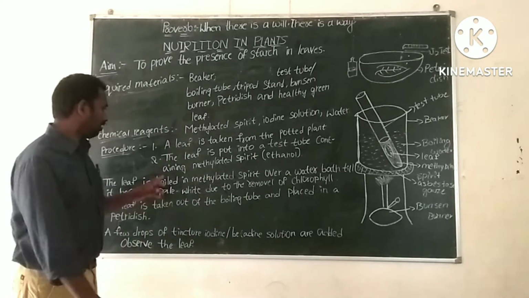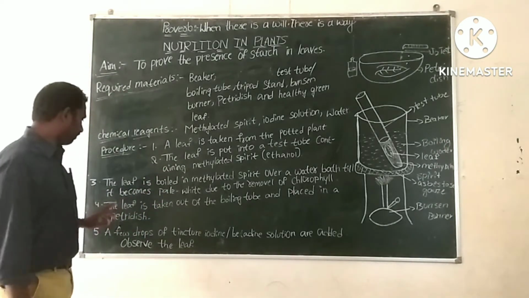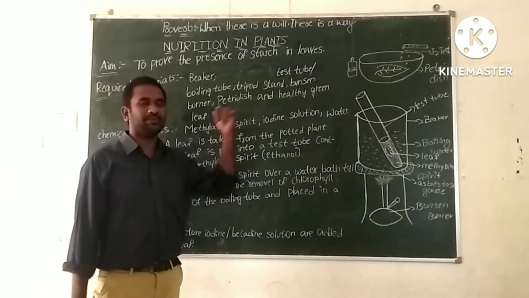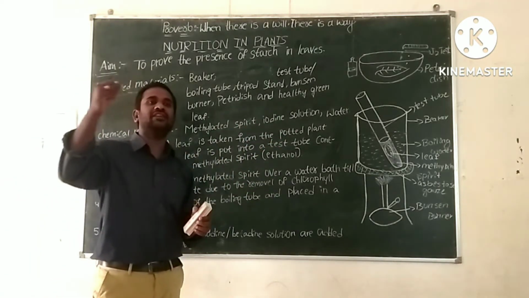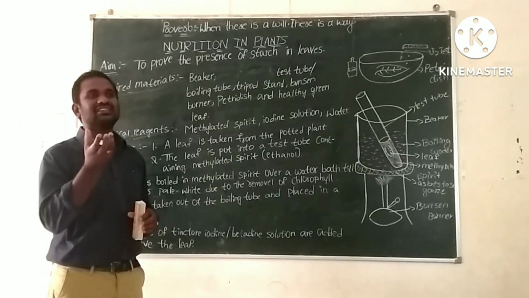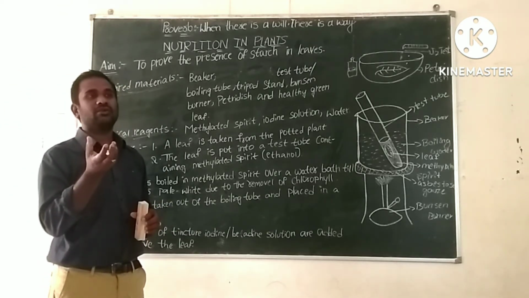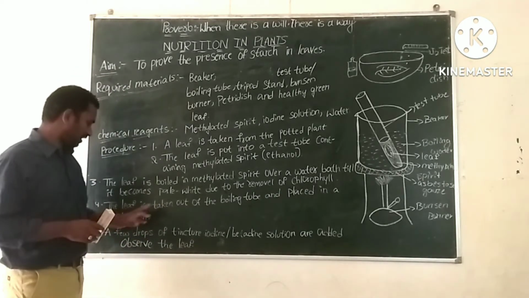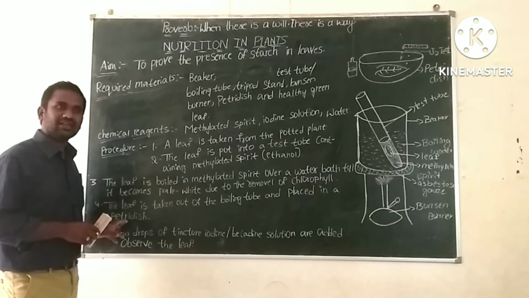So now it has become pale. The leaf is taken out of the boiling test tube. Now we separate the test tube, take that pale leaf, and put it in a watch glass or petri dish.